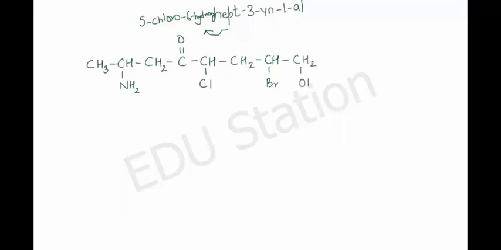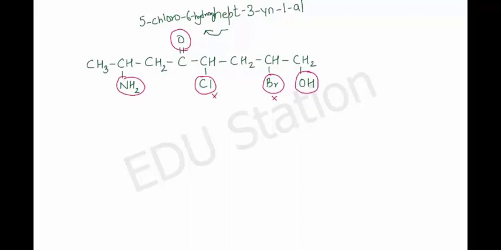Let's say we have to name this. Now let's first see the functional groups which we have provided. So we have alcohol, bromo, chloro, keto and amine. These two halogens are not preferred, so they are out.